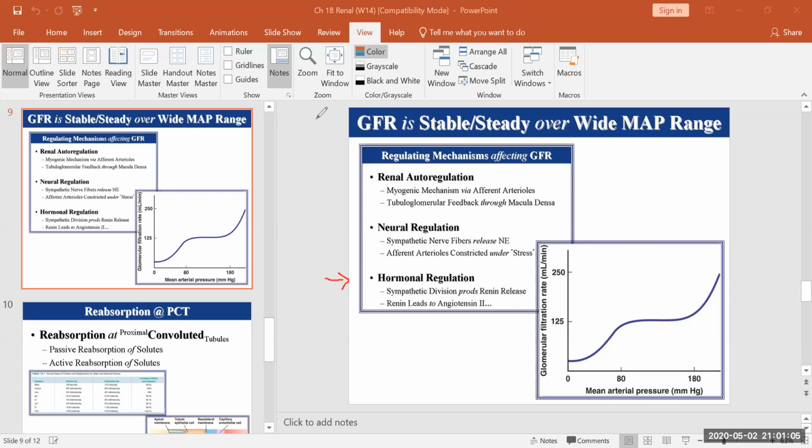Let me go a little bit slower here. So what you have is the following. You have a protein called angiotensinogen.